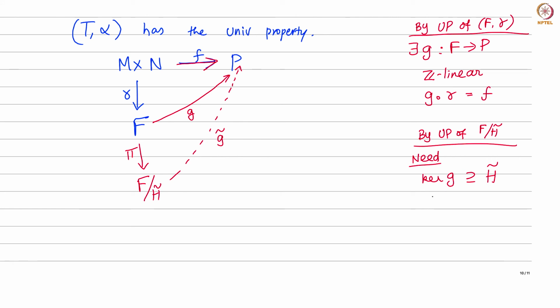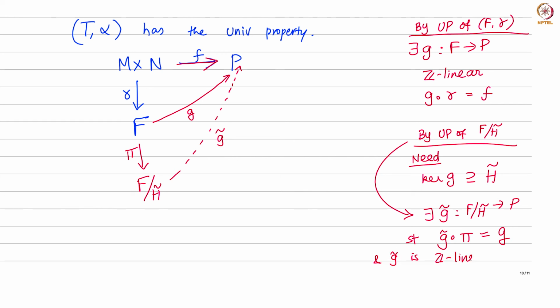So by the universal property of the quotient, we conclude that there exists a map G tilde from F mod H tilde to P, and G tilde is Z linear.